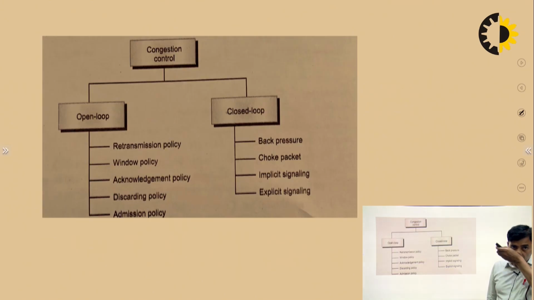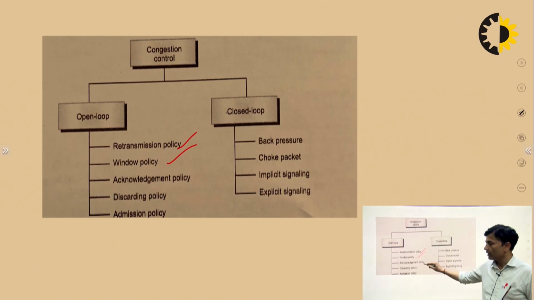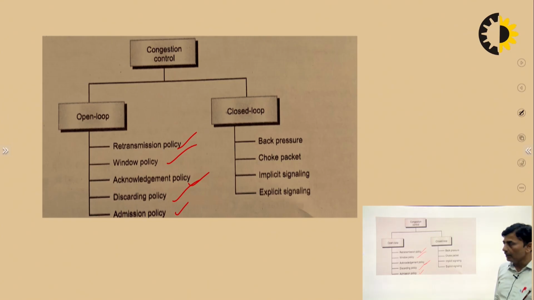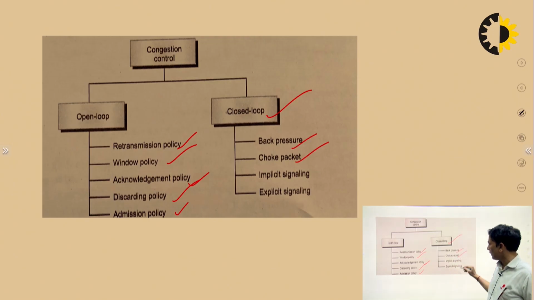When we talk about open loop, there are a number of strategies like retransmission policy, window policy, acknowledgement policy, discarding policy, and admission policy. Similarly, for closed loop, there are a number of methods that can be used, like backpressure, choke packet, implicit signaling, and explicit signaling.